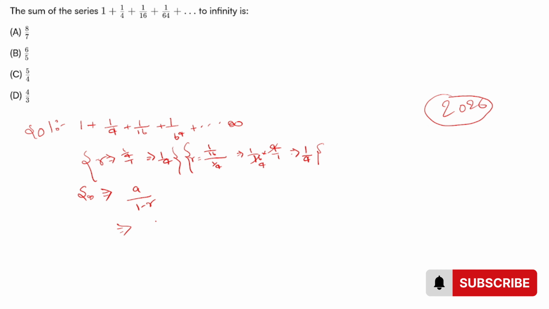So a is 1, and 1 minus 1/4 is 3/4. 4 minus 1 is 3 and 4 goes to the numerator, so 4/3 is the answer. So D is the correct answer of this question. Let's move to the next question.